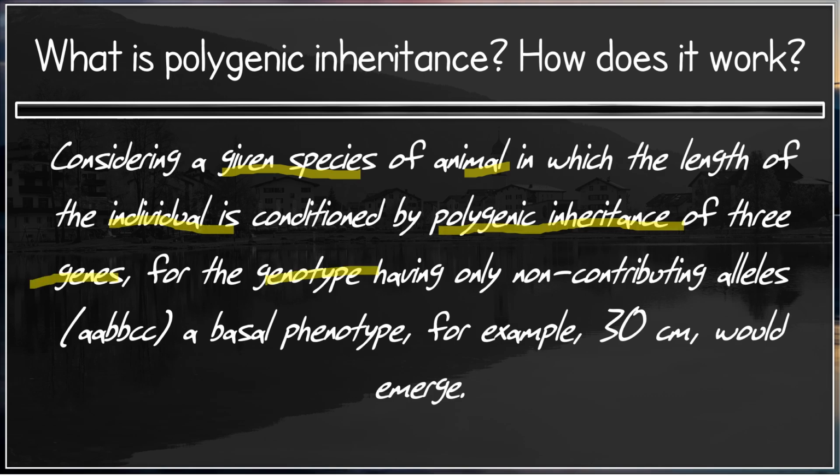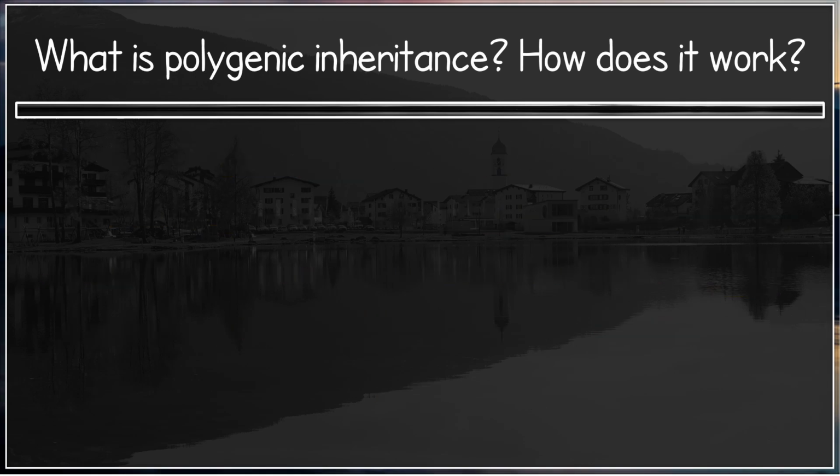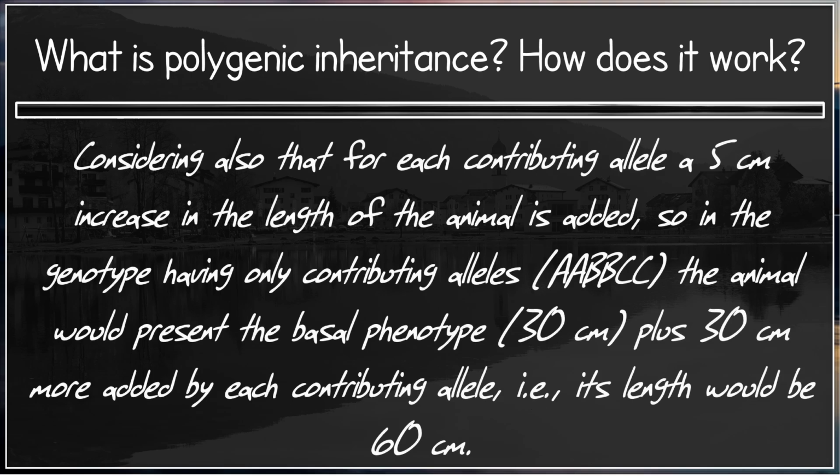For the genotype having only non-contributing alleles, aa bb cc, the basic phenotype, for example 30 cm, would emerge. Considering also that for each contributing allele, a 5 cm increase in the length of the animal is added.